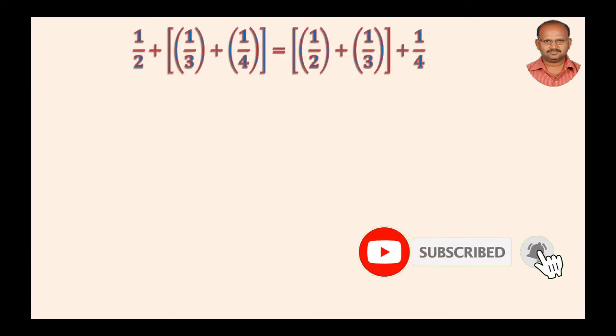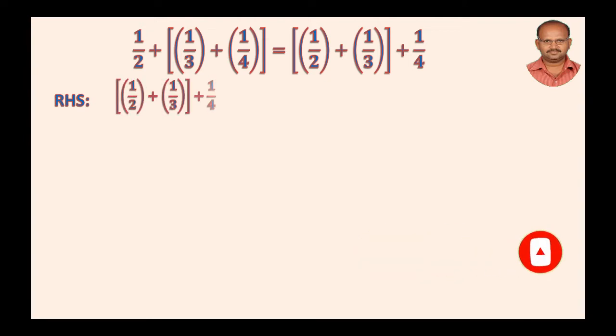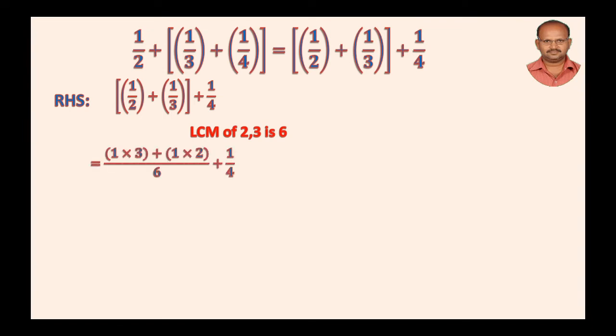Then RHS is within brackets 1 by 2 plus 1 by 3 bracket close plus 1 by 4, that is equal to LCM of 2 comma 3 is 6, 1 into 3 plus 1 into 2 upon 6 plus 1 by 4, that is equal to 3 plus 2 upon 6 plus 1 by 4, that is 5 by 6 plus 1 by 4.